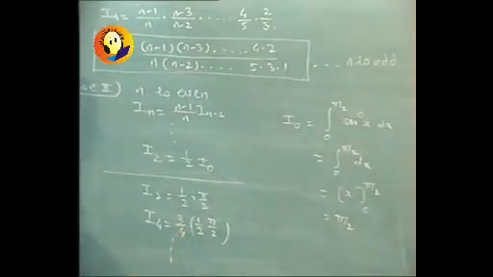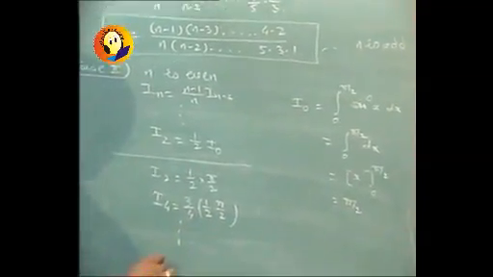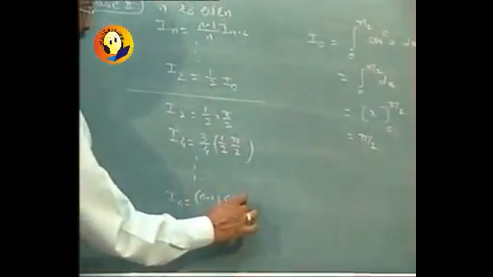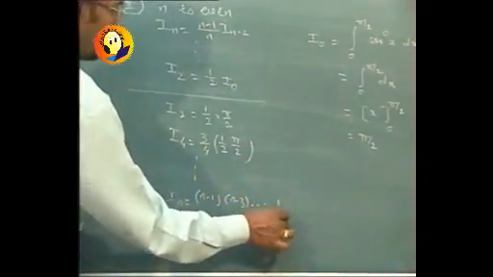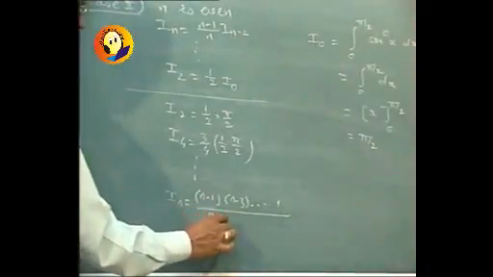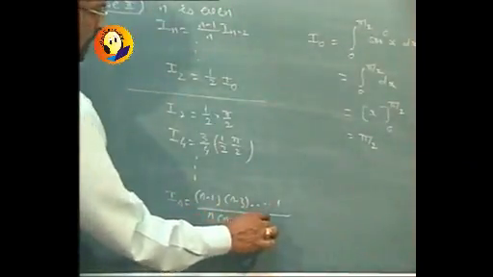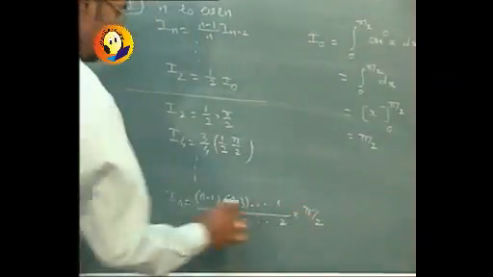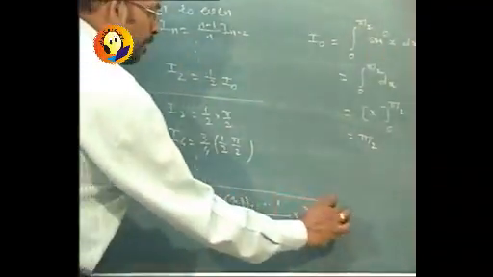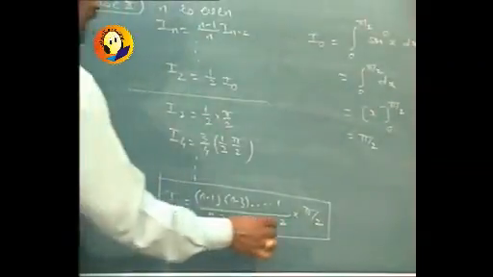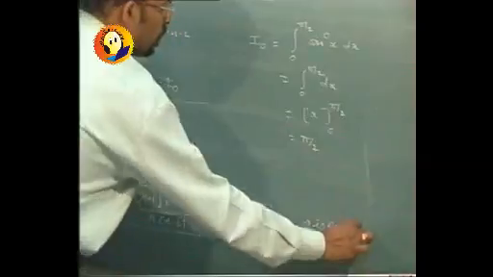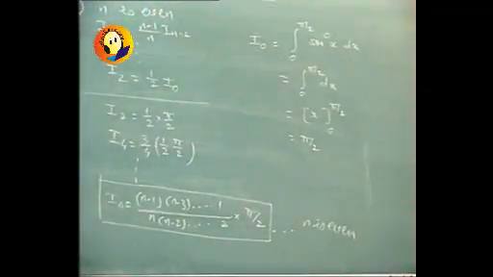Like that, if we continue, we will get In to be equal to n minus 1 into n minus 3, etc. up to 1, divided by n into n minus 2, etc. up to 2, into pi by 2. This will be the formula when n is even.